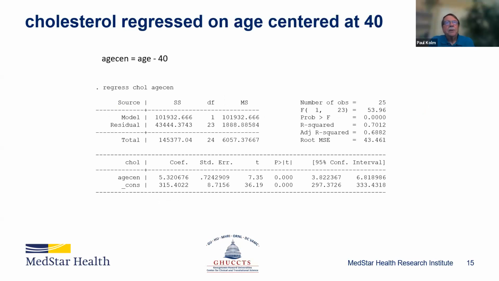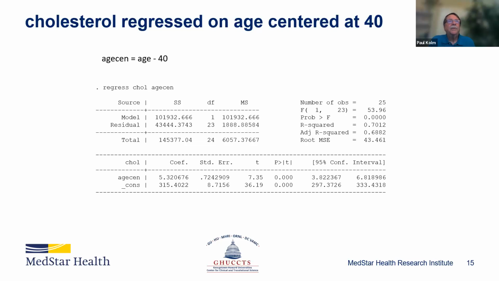Maybe you might pick the mean age of your sample, or some quantile. But anyway, here I've calculated a new variable, and it's the individual's age minus 40. So if that value is 0, that means we have a patient with age 40. If their age is 45, then the centered age is going to be +5.